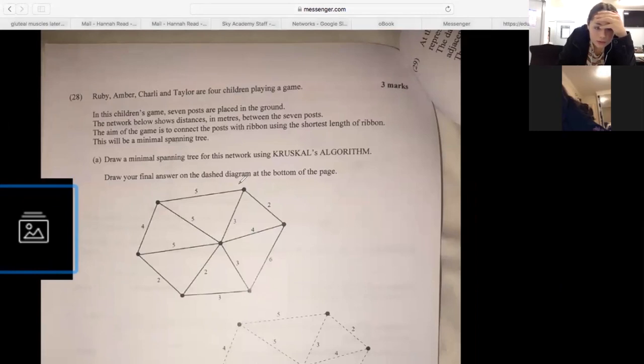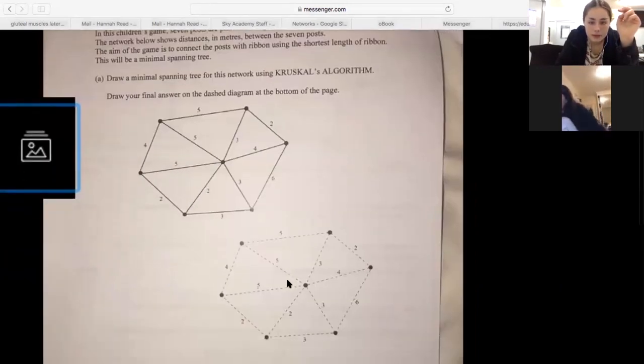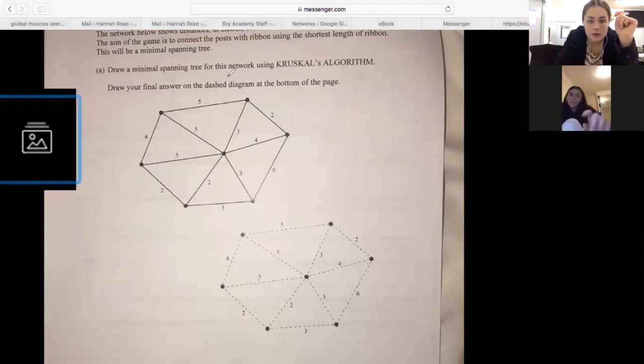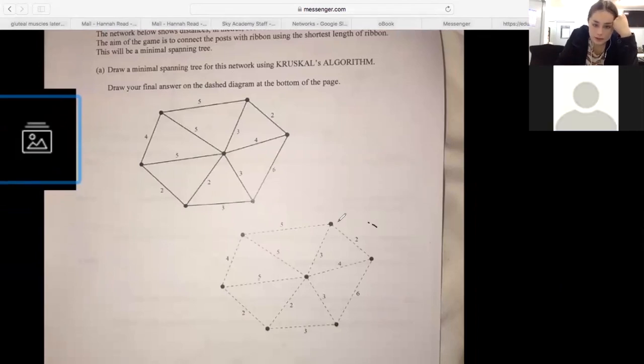Wait, there's not even... I got a bow shape. There's not even any letters at the vertices, so that's totally fine.